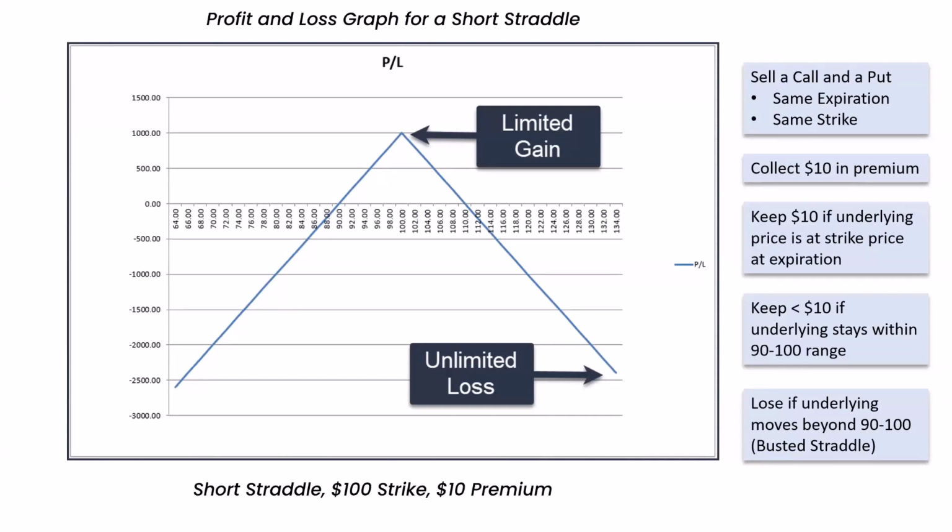But with options, you multiply by 100 to get the actual dollar figure, so that is a $1,000 limited gain. You'll receive that gain if the underlying asset is $100 at the expiration of those strikes. You will make money anywhere from $90 all the way through to $110. That's basically the strike price plus or minus the premium that you paid for the straddle.